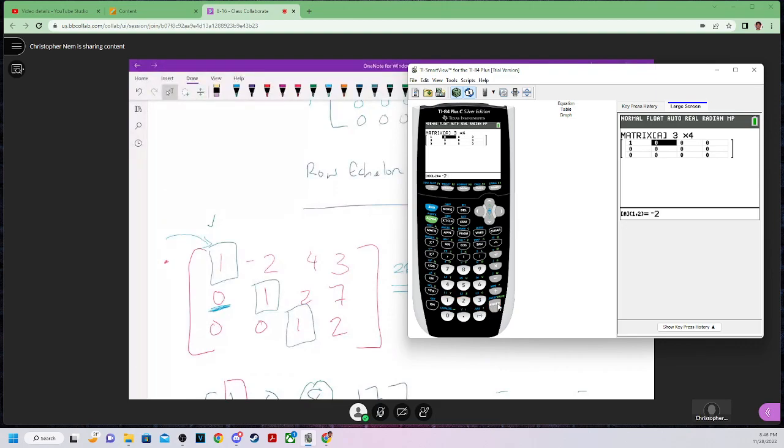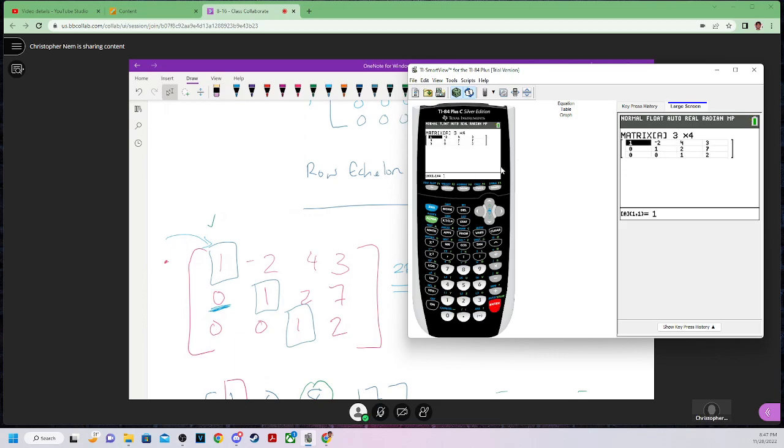It'll mess up. -2, 4. And I encourage you to follow along with this as well. 3, 0, 1, 2, 7. And then the last row is 0, 0, 1, 2. All right? So we have filled our matrix out.